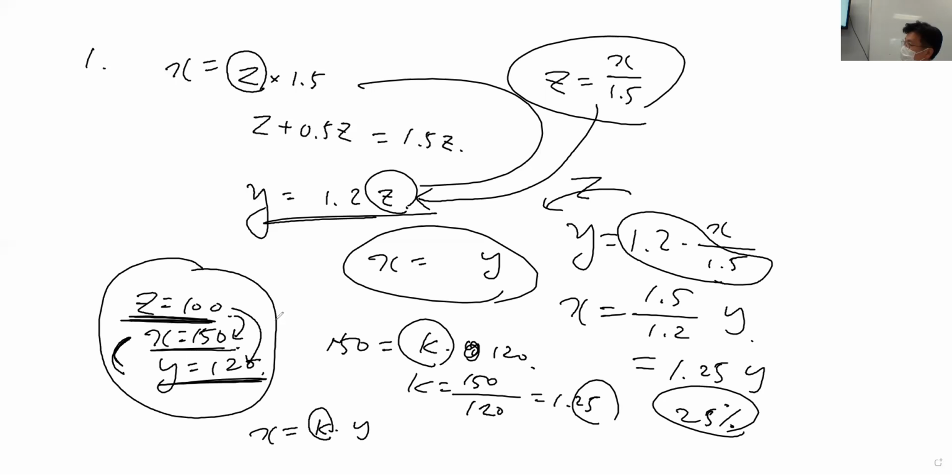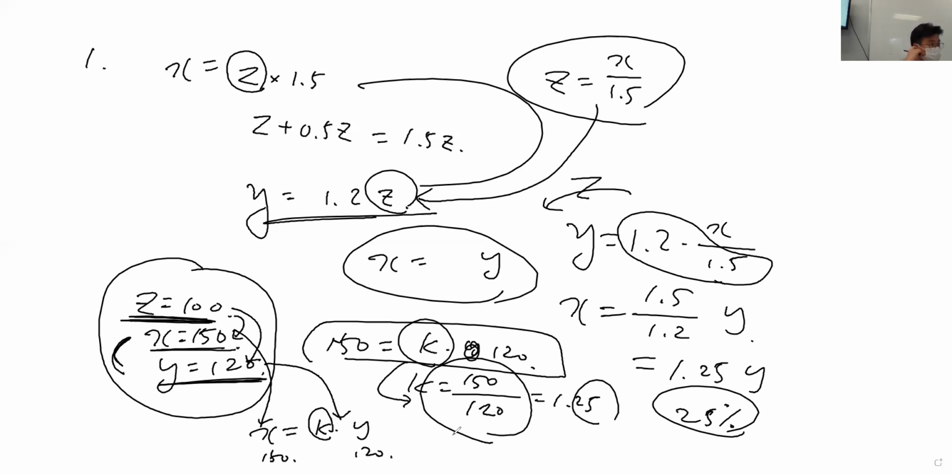Then we can plug x as 150 and y as 120. Then you can get this one. And then k is 150 divided by 120, which is 1.25, and 25% more. Got it? Okay. And then move on to number 2.